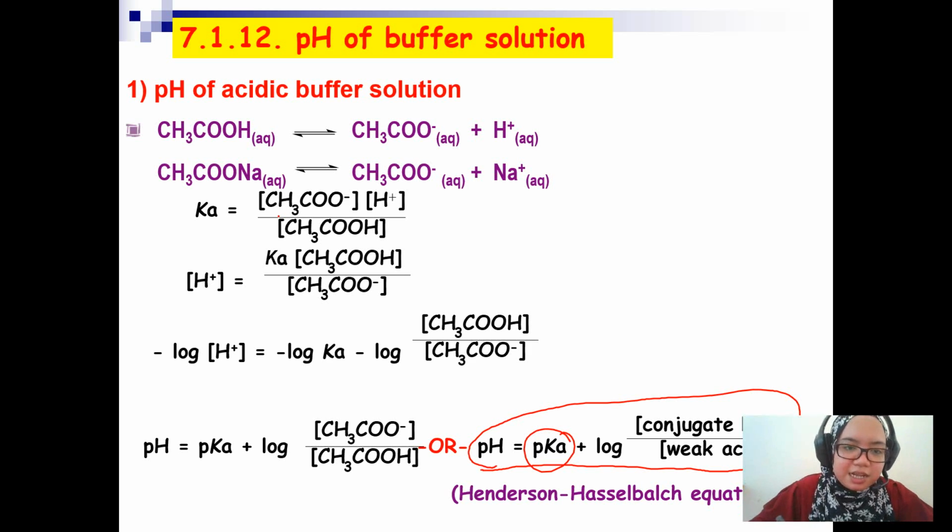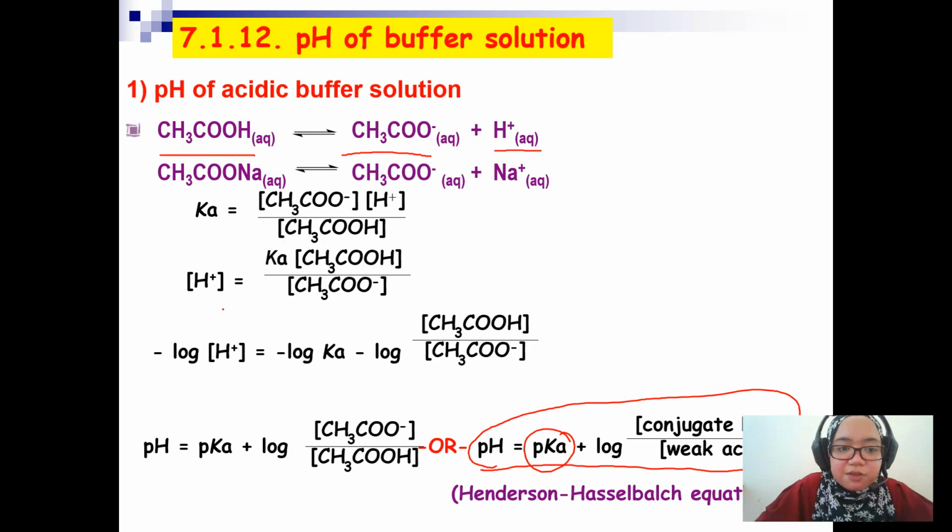So Ka dia adalah, for Ka untuk buffer solution ni ialah concentration of CH3COO minus times concentration of H plus divided by concentration of acetic acid.